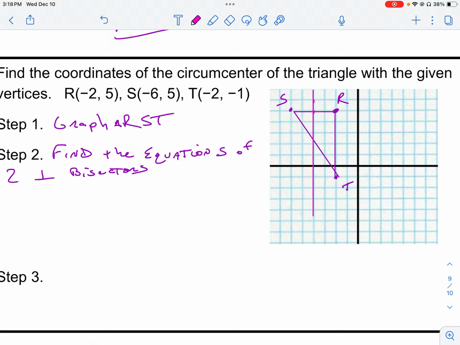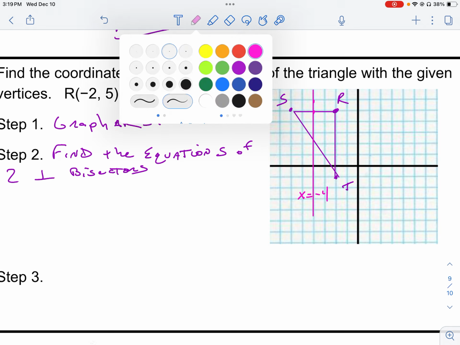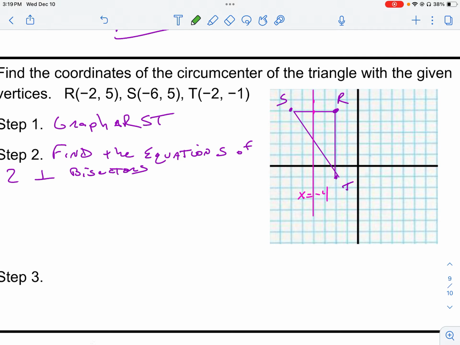The equation of this line is going to be x equals -4. And then the midpoint's going to be right here, so y equals 2. So we have x equals -4, y equals 2.